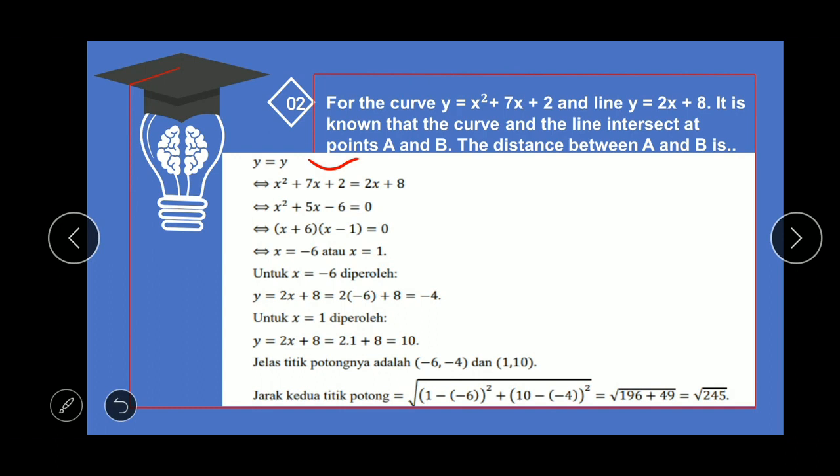Because the curve and the line intersect at points A and B, there are two same points of the curve and the line.